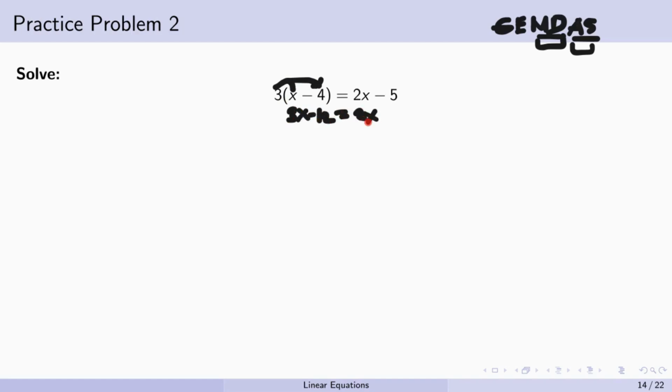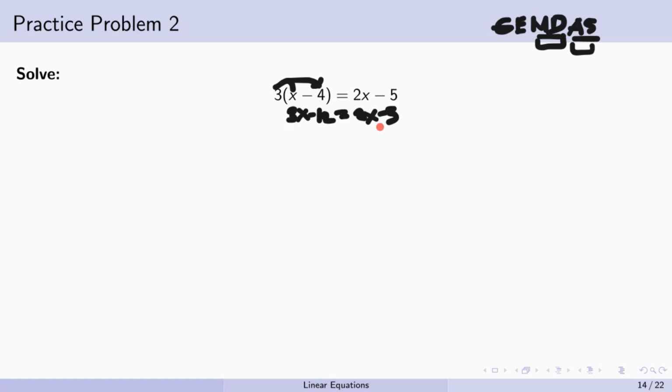Just copy it, 2x minus 5. And then we'll need to simplify this. We need to combine like terms, and to combine like terms again, your target is to isolate x. Therefore, we need to move every term with x to a specific place.